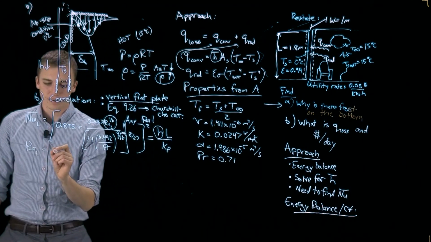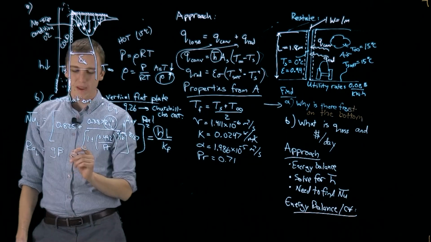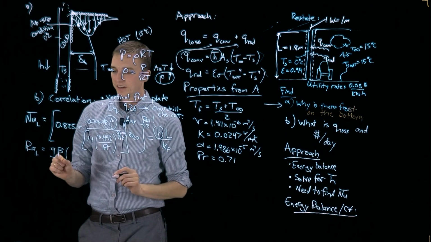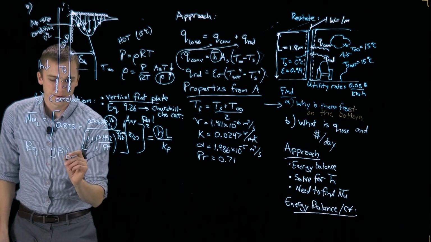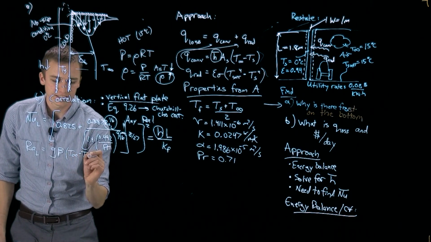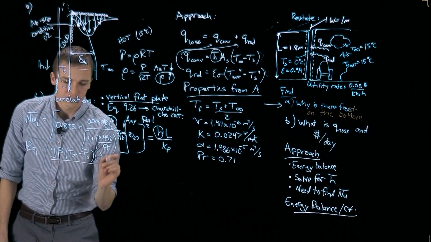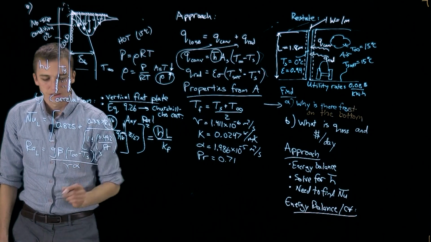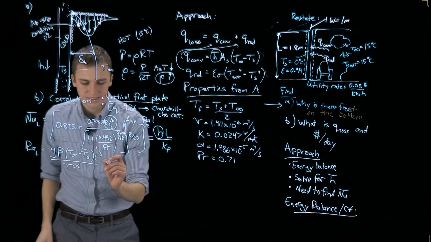So the Rayleigh number is the gravitational constant times beta, where beta is our volumetric expansion coefficient, times T infinity minus Ts, our temperature difference, all times our length cubed, divided by our kinematic viscosity and thermal diffusivity.